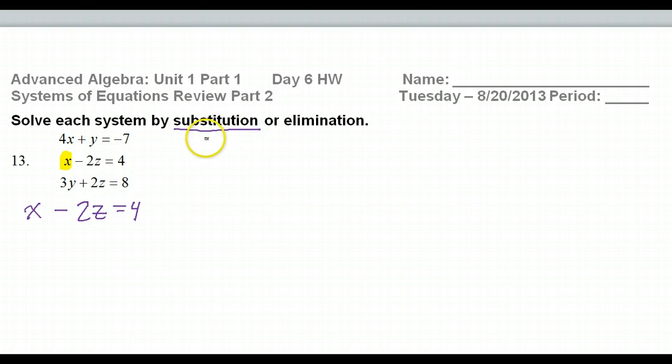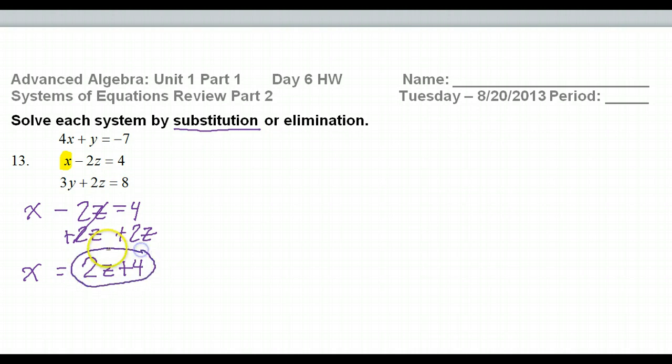The first thing to do is to get one variable by itself. I've chosen to get x by itself. So I could just add 2z to both sides like this. Alright, so those go away. So that's going to leave me with x equals 2z plus 4.